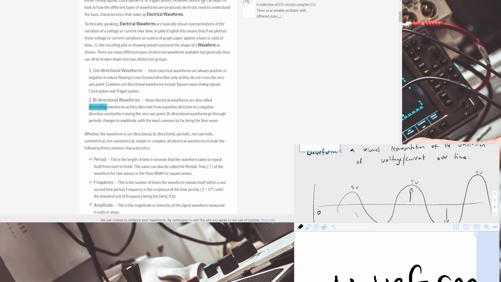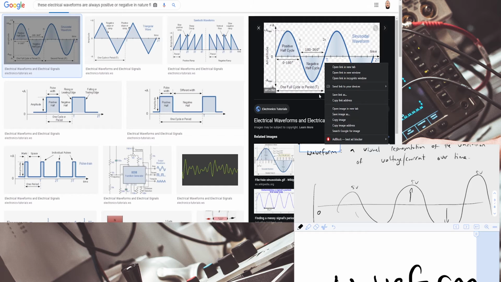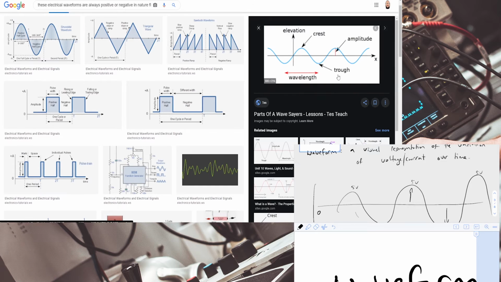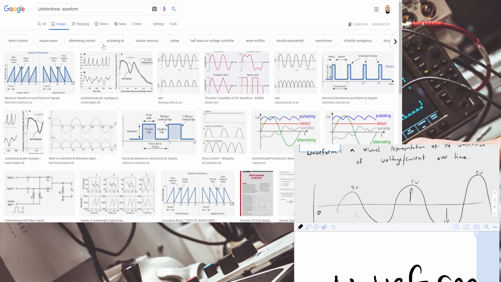Okay, I fancy a picture of these, so let's go. Can I get a more simple one than that? Unidirectional waveform. Why is a good picture?